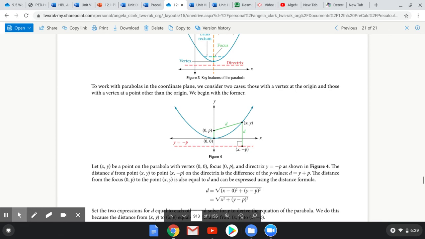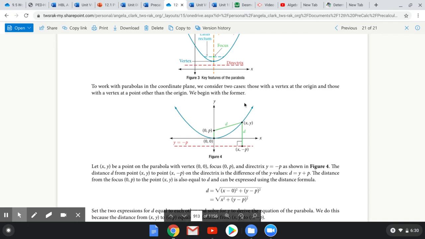The definition of a parabola is that the distance from the focus to the parabola is the same as the perpendicular distance from the parabola to the directrix. So perpendicular distance, right? Because I could say, oh, well, I could go from parabola to directrix over here, and then that distance is completely different.